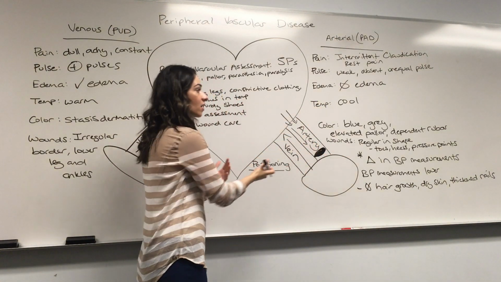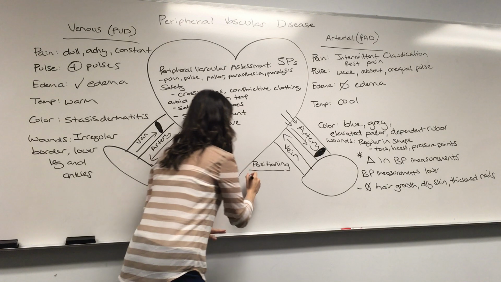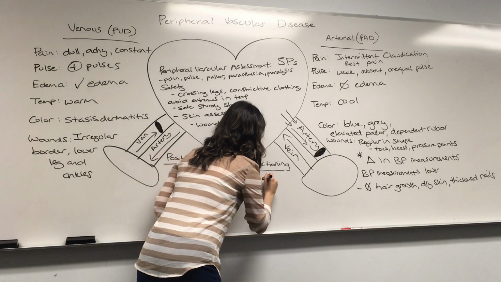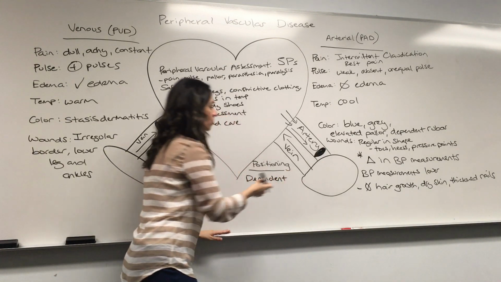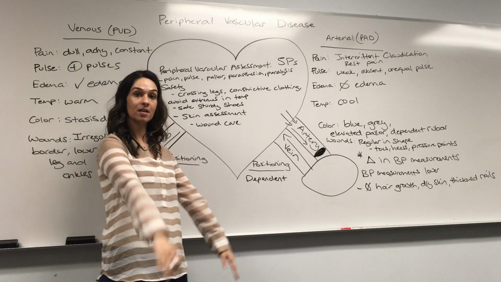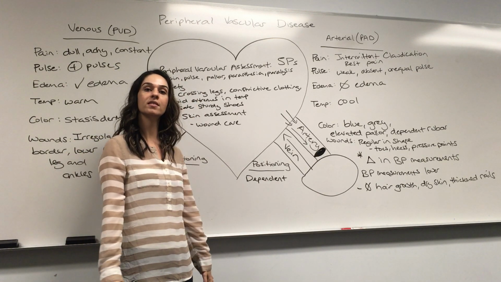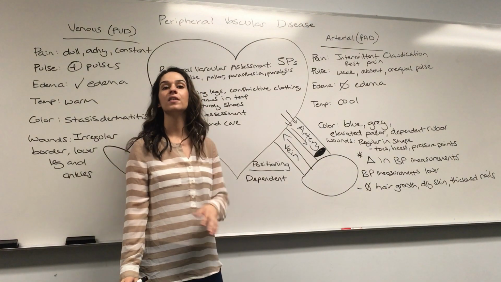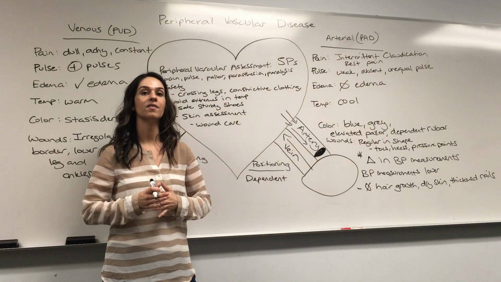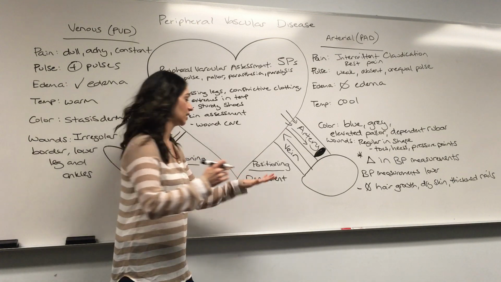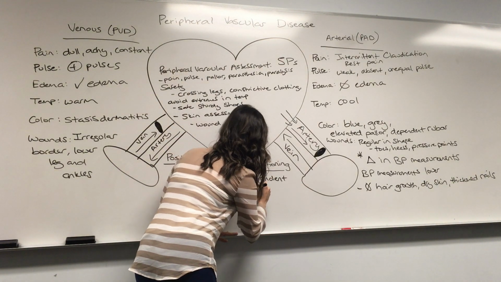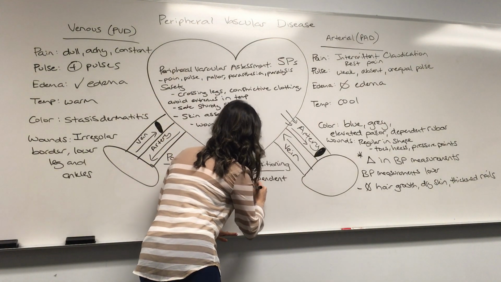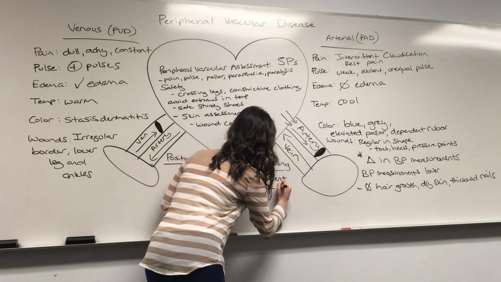So we like clients with arterial disease to keep their extremities, or the affected extremity, in a dependent position. So gravity can help assist the blood flow to that impaired extremity. Yes, if they have edema, they might need to elevate it, but we never recommend, and I'm going to put, don't elevate above heart.